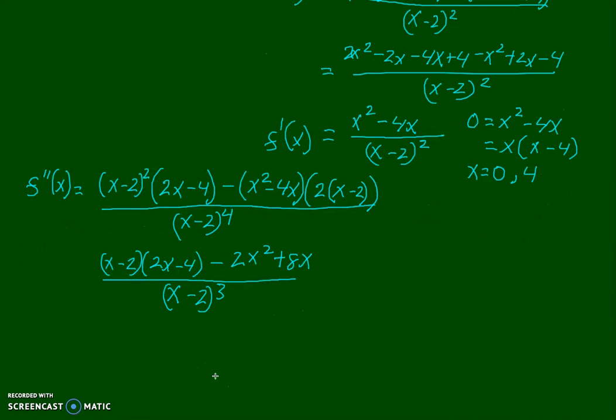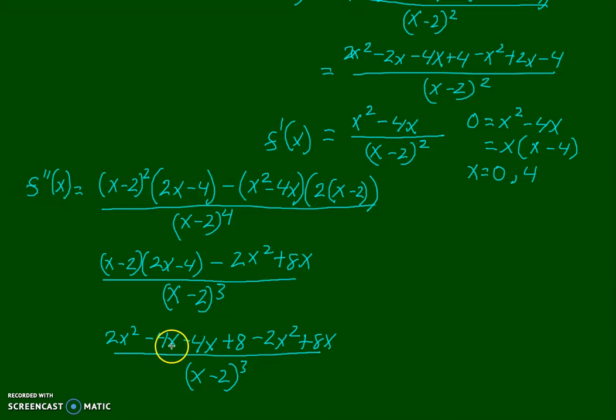All right, let's continue to simplify this. Let's multiply this numerator out. So x times 2x is 2x squared. x times negative 4, negative 4x, minus 4x plus 8 minus 2x squared plus 8x, all over x minus 2 to the third.